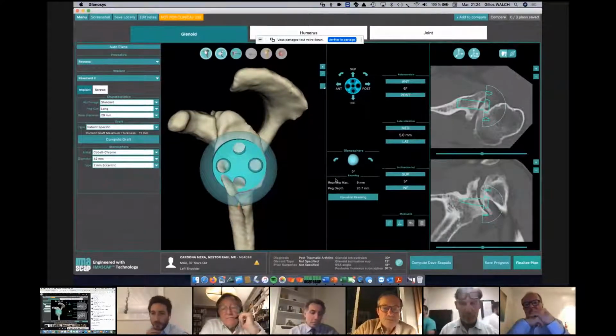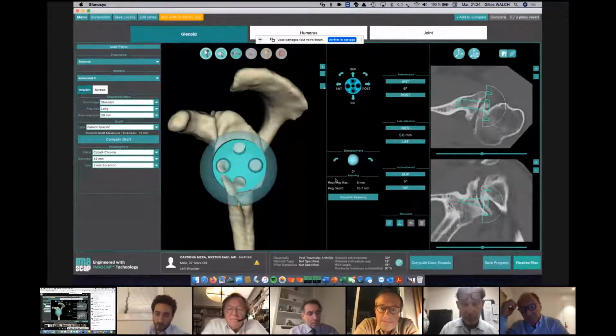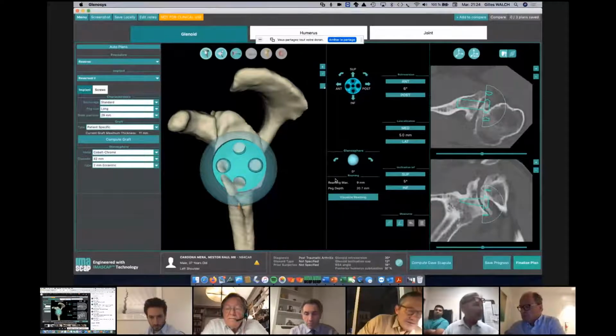And so in this case, where you might have a little bit too much of lateralization, you don't want to downsize a little bit your glenosphere? No, because in my experience, I never observed any neurological problem because of lateralization. I know that humeral lateralization is not the best thing we can do.